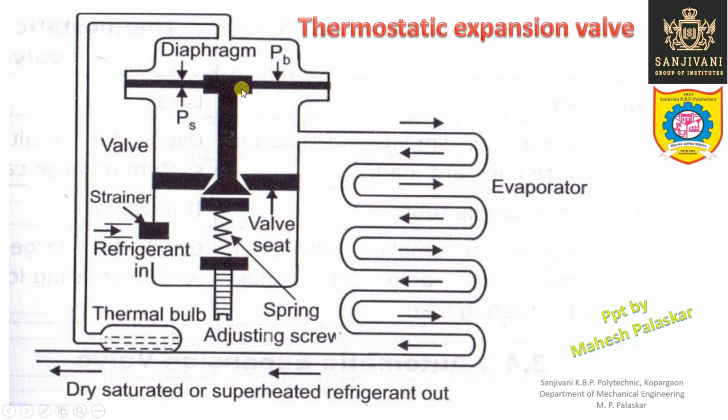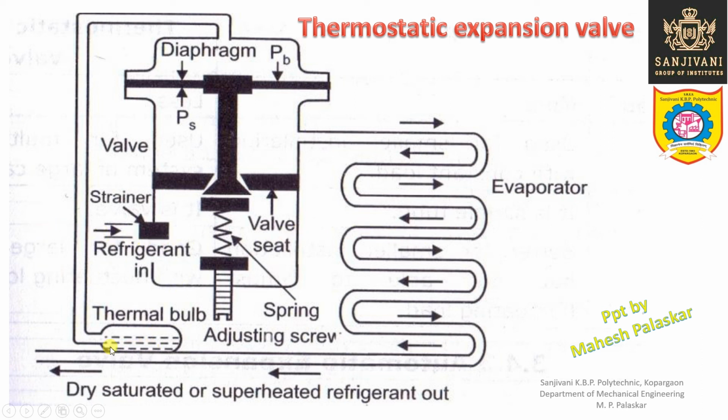So that will move the diaphragm and the valve in the downward direction against the spring force, this opening will be increased, the restriction will be reduced, and more refrigerant will be allowed to flow towards the evaporator. That means when the load is increased, automatically the temperature of the refrigerant at the end of the evaporator will be increased, right? So due to that, the refrigerant which is entering inside the evaporator should be increased.